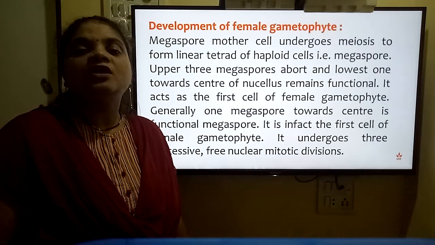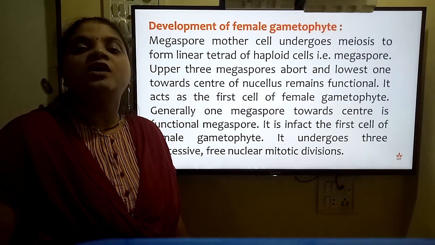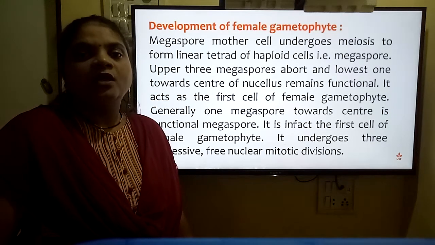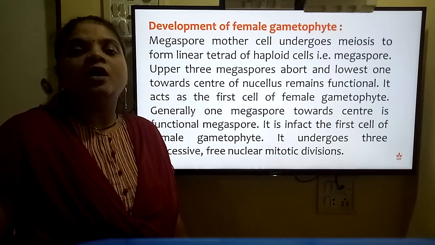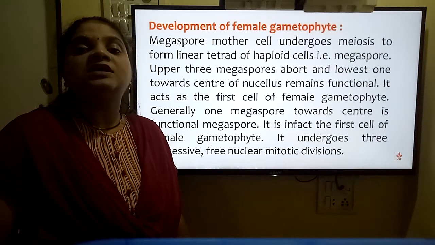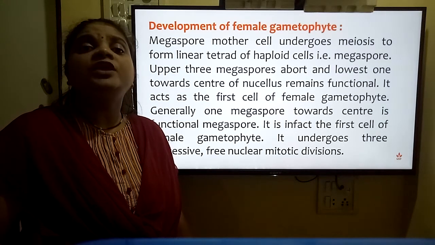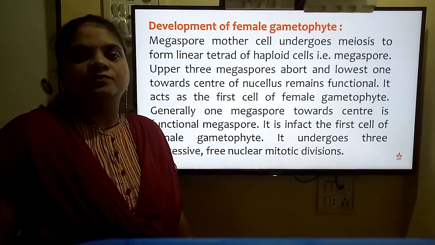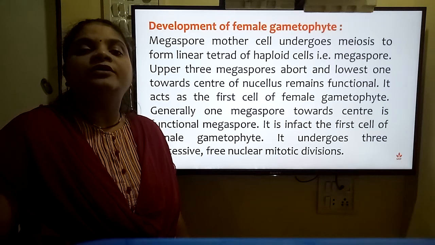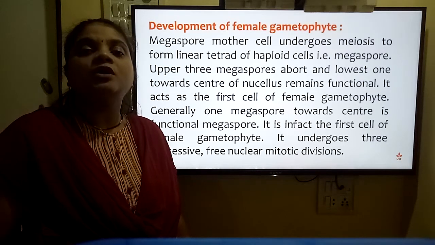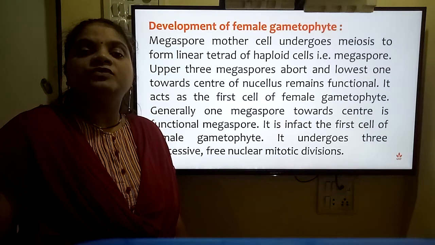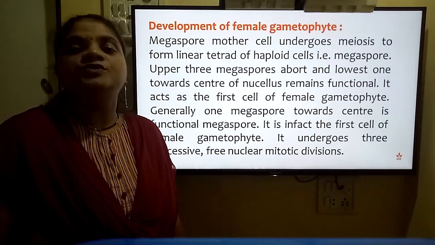This functional megaspore is the first cell of the female gametophyte. It undergoes three successive free-nuclear mitotic divisions. Due to these three mitotic divisions, it produces a total of 8 nuclei, and out of these, 4 are located at each pole.